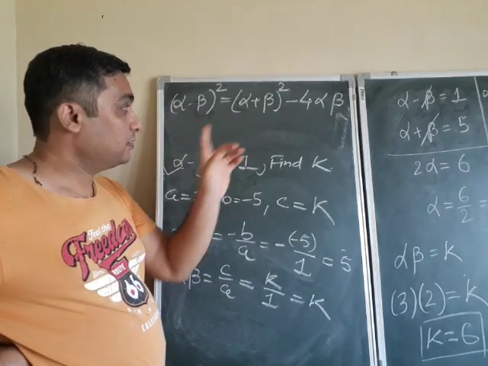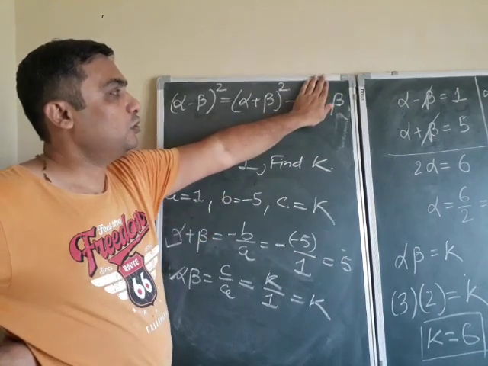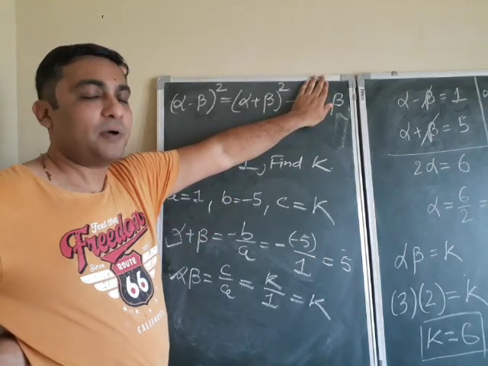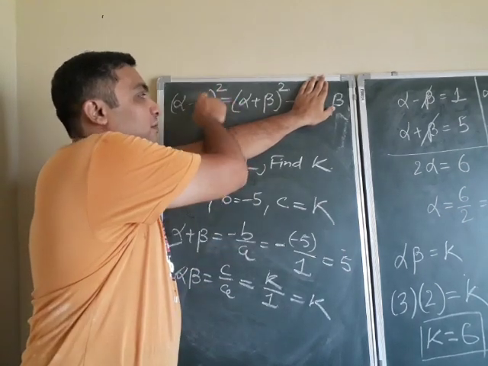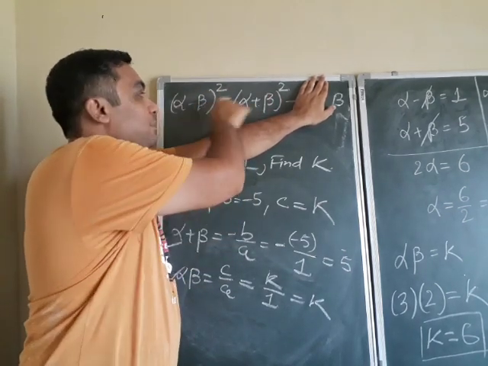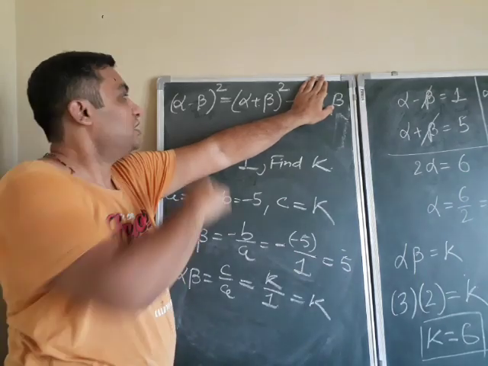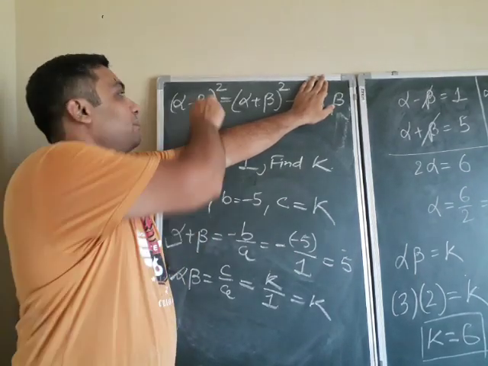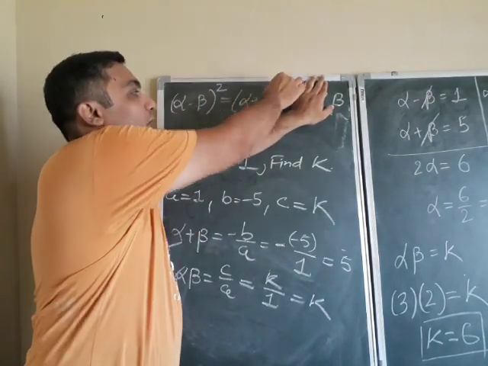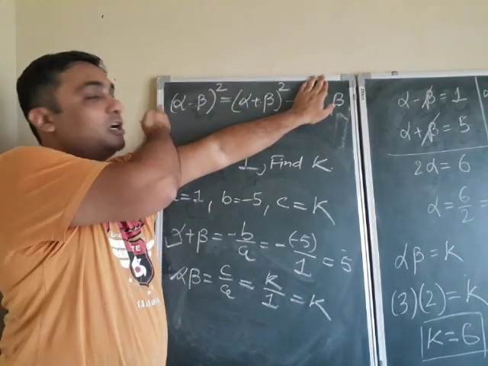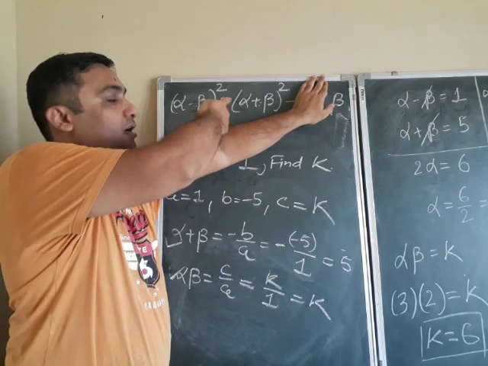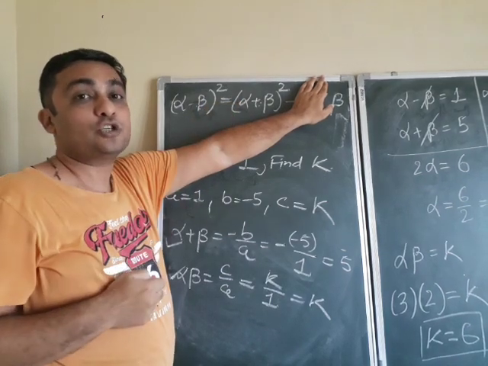Minus 2 alpha beta. अल्फा प्लस बीटा द होल स्क्वायर का मिडल टर्म 2 अल्फा बीटा. ये दोनों में सिंप्लीफिकेशन में व्हाट इज द डिफरेंस? फर्स्ट टर्म्स एंड लास्ट टर्म्स आर सेम. अल्फा स्क्वायर बीटा स्क्वायर, अल्फा स्क्वायर बीटा स्क्वायर. दे आर जस्ट डिफर विद द मिडल टर्म. इन वन द मिडल टर्म इज minus 2 alpha beta. In another one the middle term is 2 alpha beta.